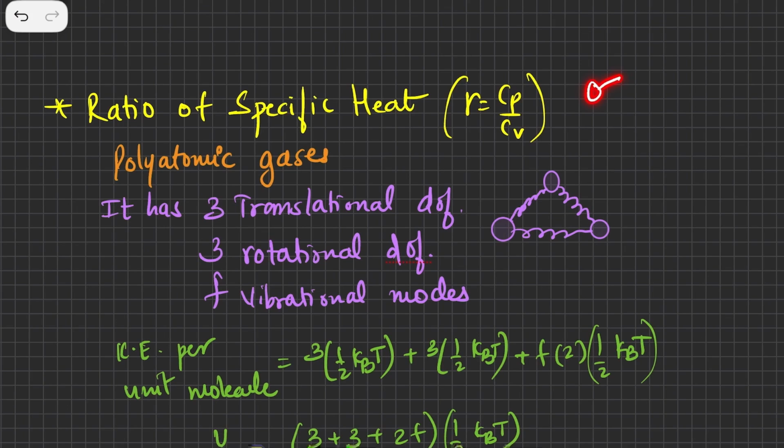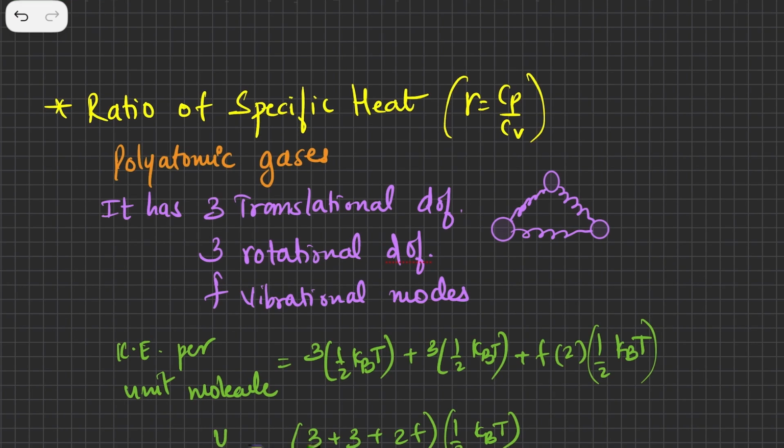So the molecules will always have a vibrational mode if you have 3 atoms or more than 3 atoms or 4 atoms or whatever it is. That's why we do not segregate into rigid rotator and non-rigid rotator for polyatomic gases. But this is not true for a diatomic gas. That's why in a diatomic gas we segregated it into rigid rotator and non-rigid rotator.